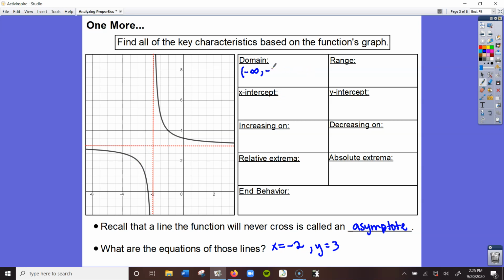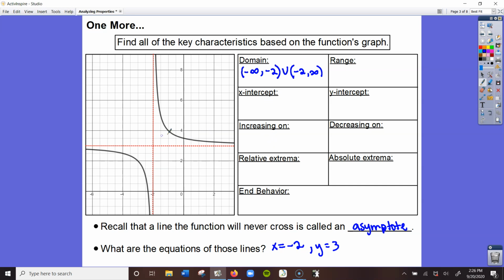So we would stop at -2, and it does not include the value, so I would put a parenthesis. Then continuing on, we do have more on the other side of that line. And again, you see that it's getting infinitely close to that line, but it'll never touch. So we will start again with -2 to infinity. And again, you don't include those -2's because your graph never touches that line.